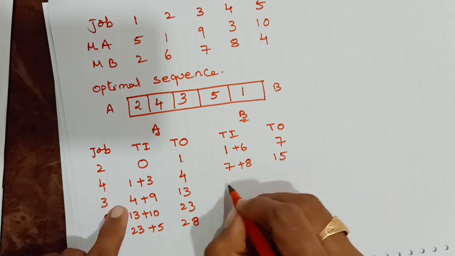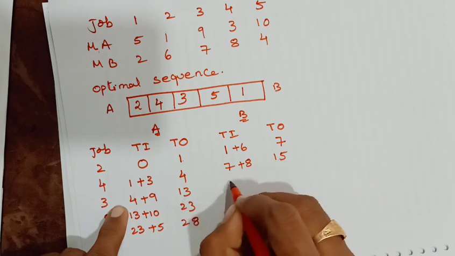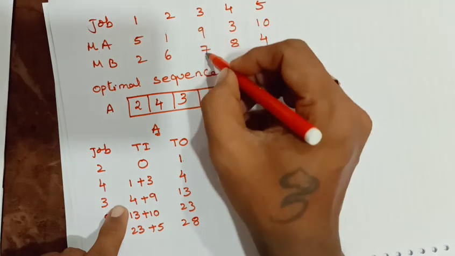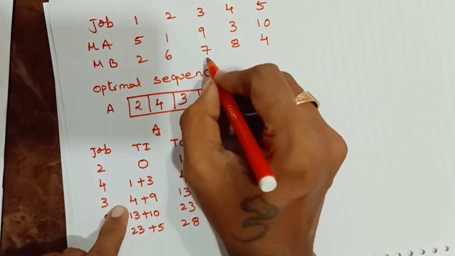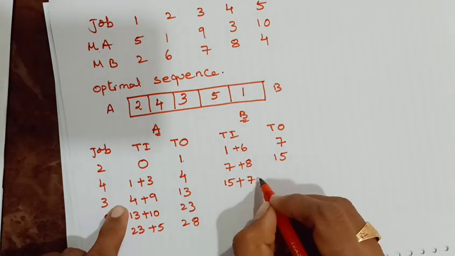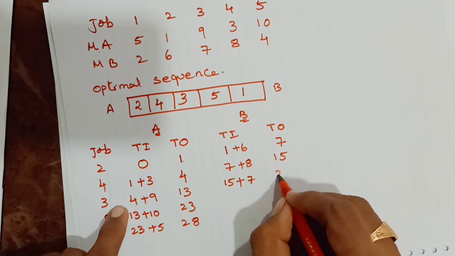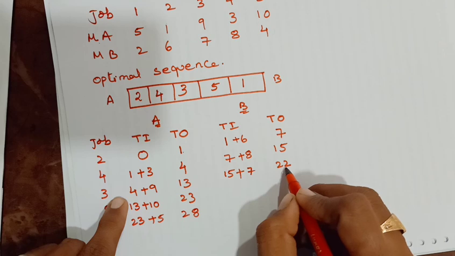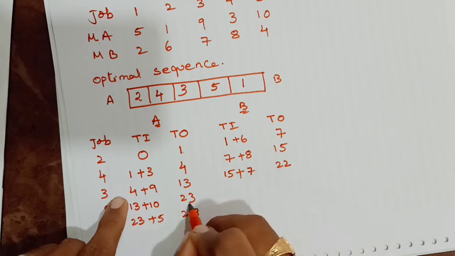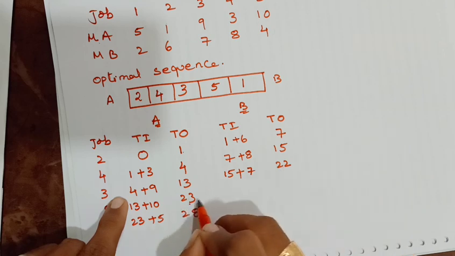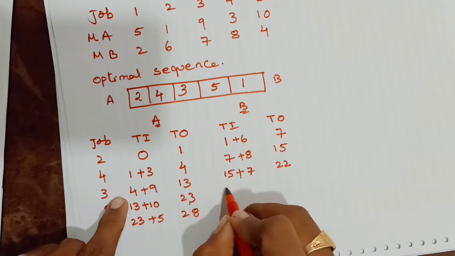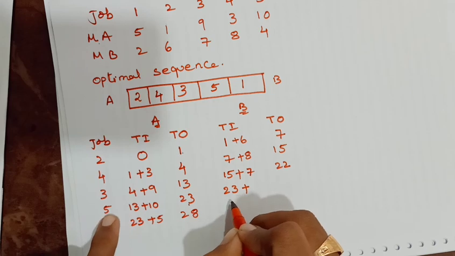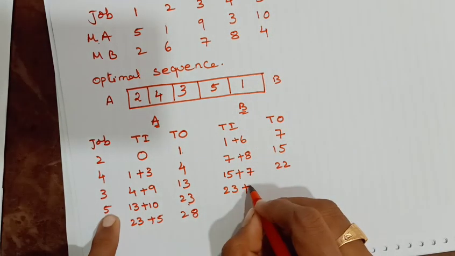Now 15 is greater than 13, so 15 plus the third job machine B processing time 7 is 22. Now if we observe, 22 is less than 23, so time in will be 23, plus the fifth job machine B is 4.